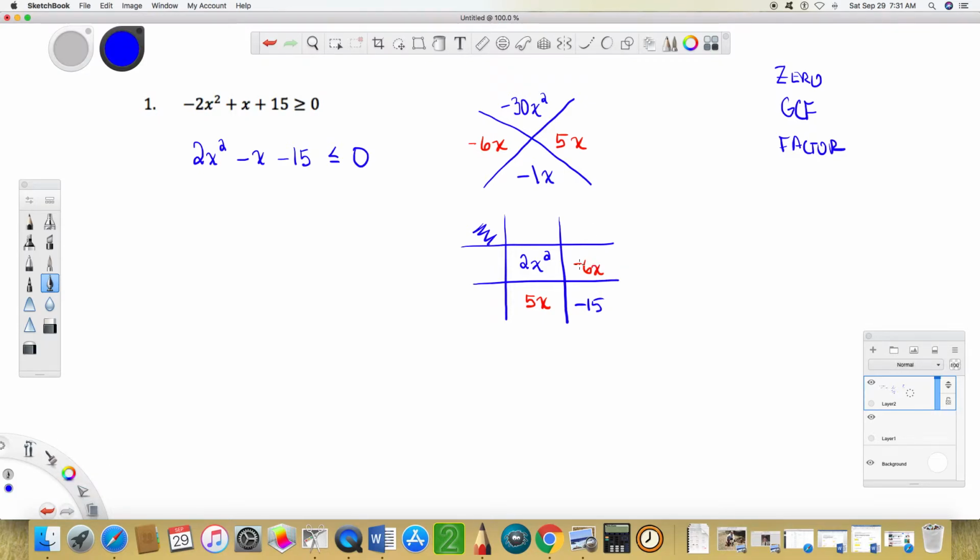These share a negative, and they're both divisible by 3. And these are both divisible by 5. Here I'll have 2x, and here I'll have x. So this factors to 2x plus 5 and x minus 3.